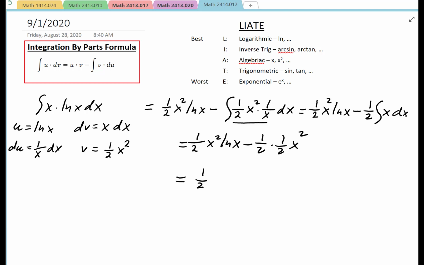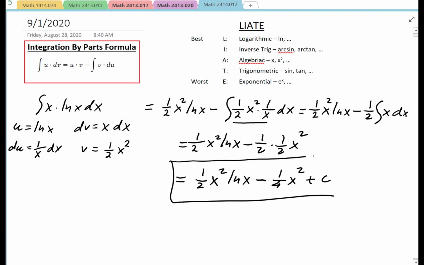So our final answer is 1/2 x squared ln of x minus 1/4 x squared. And there's the antiderivative of x times the natural log of x.